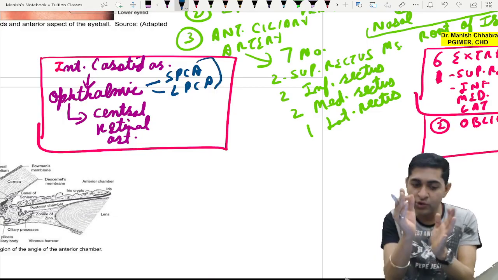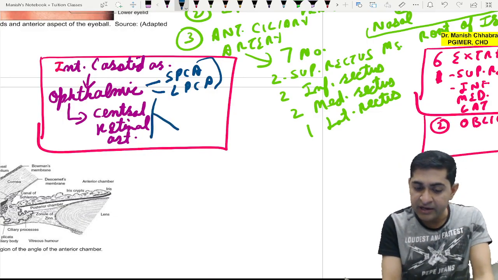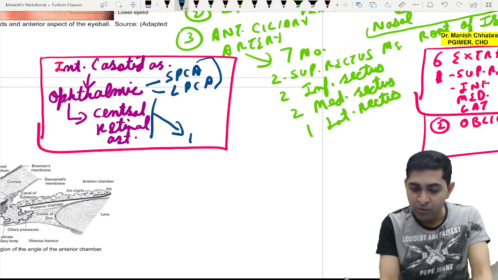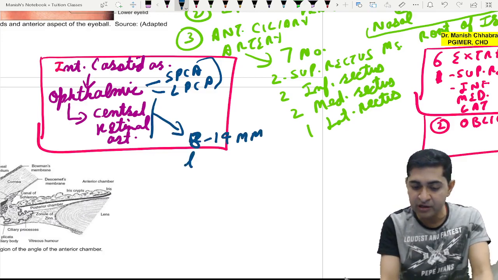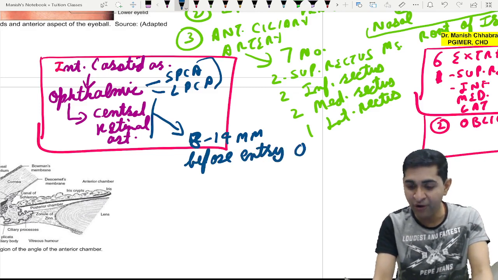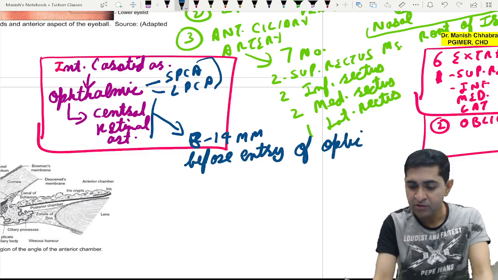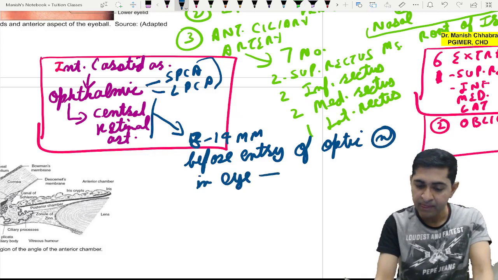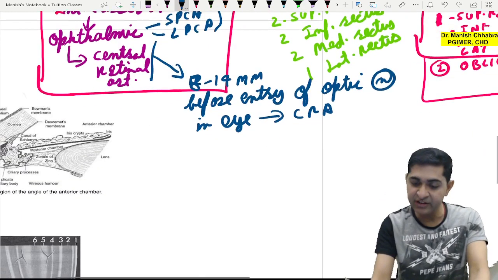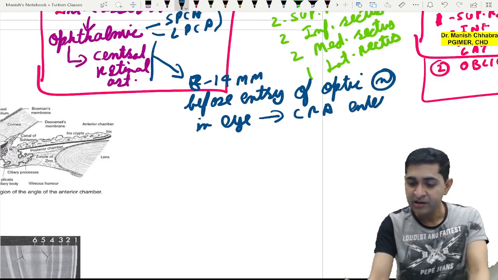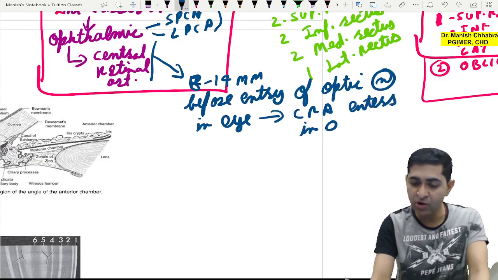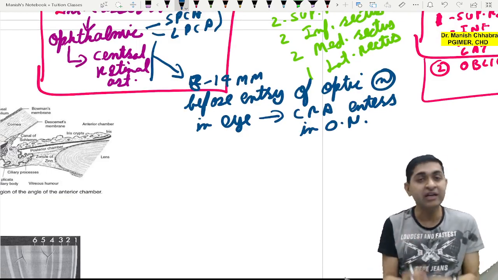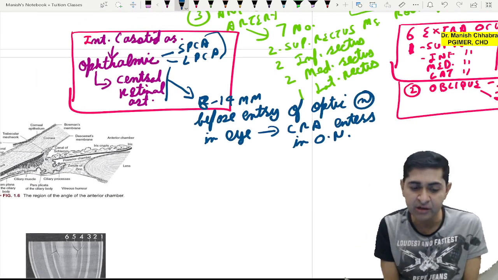But the central retinal artery is going towards the retina, and as I told you, 8 to 14 millimeters before the entry of the optic nerve in the eye, the CRA, which is the central retinal artery, enters the optic nerve and supplies the retina, as we saw in the video.